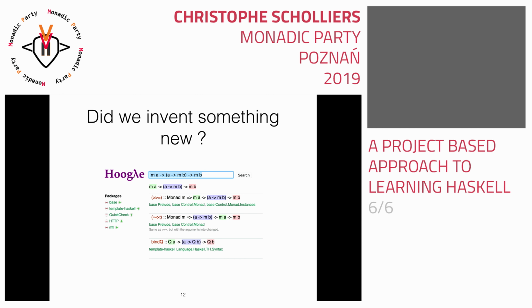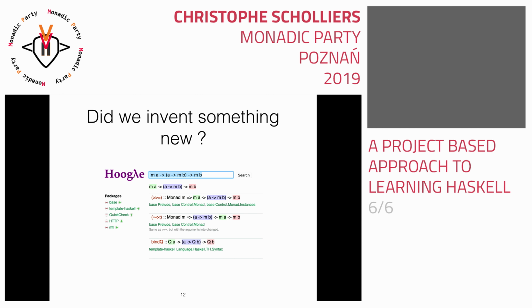What I typed in here is exactly our chain combinator, no, our comp combinator, sorry. So it's an M A, you get a function A to M B, and you get an M B back, right? We search for this, and it turns out somebody else has already done that. And it's exactly this weird thing, which is called bind from the monad type class.